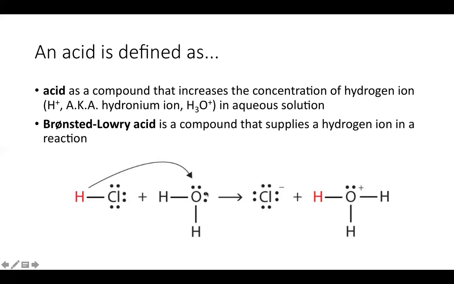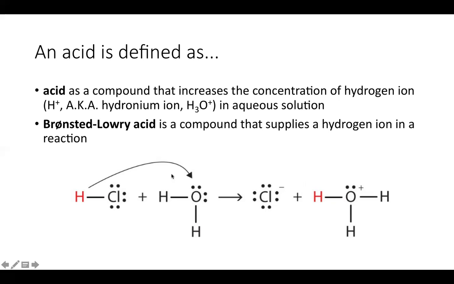That leaves behind chloride, Cl minus, and the water accepts that hydrogen ion and forms H3O plus. So that's showing you that this compound HCl is increasing H3O plus when it is in an aqueous solution, meaning with water. So that's our first definition.